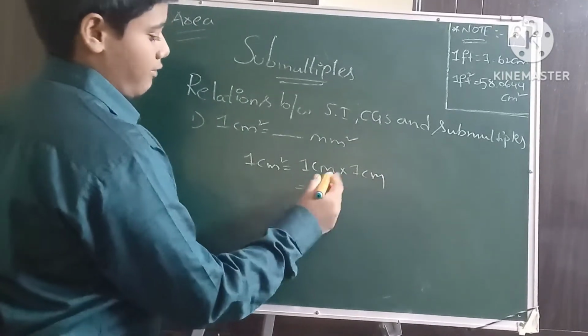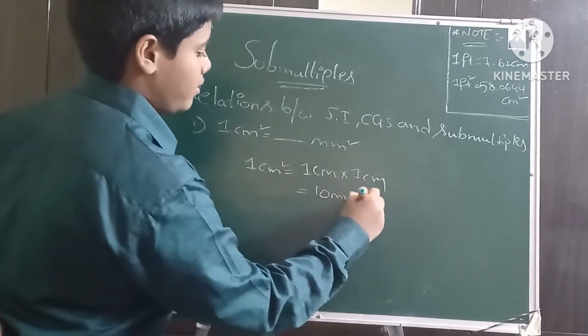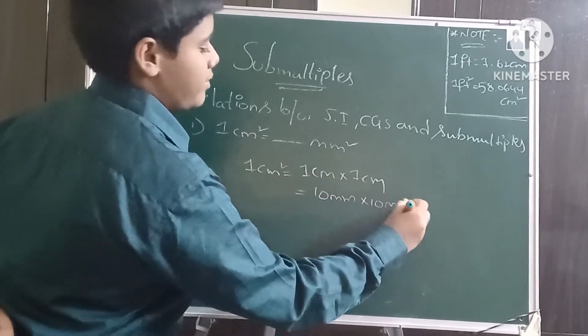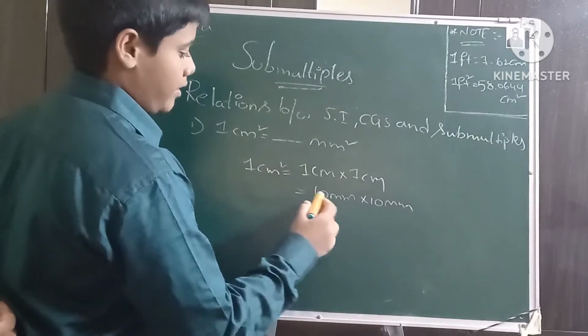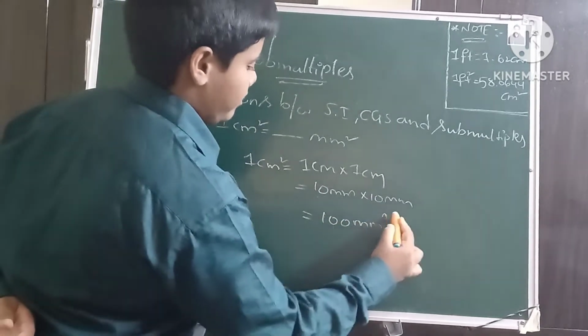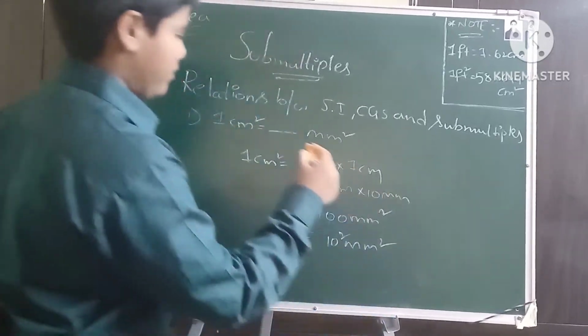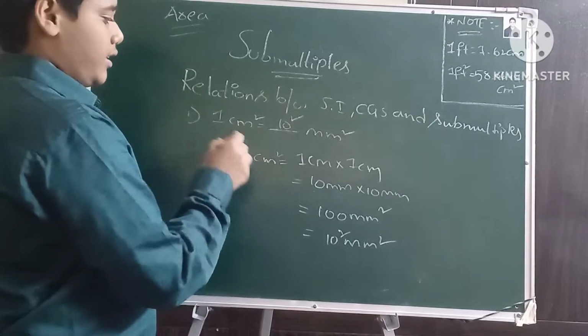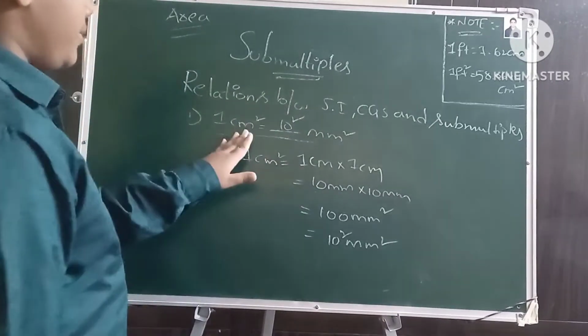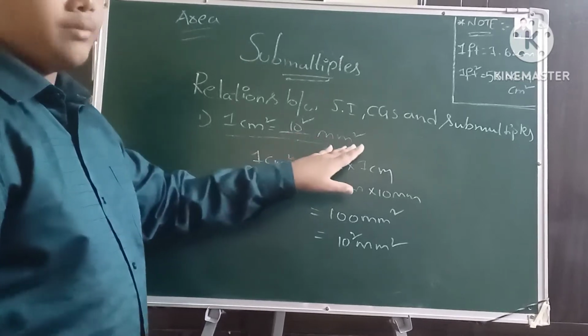Here 1 centimeter is 10 millimeters, so 10 millimeters into 10 millimeters, 10 into 10 is 100 millimeter square. So 1 centimeter square is equal to 10 square millimeter square.